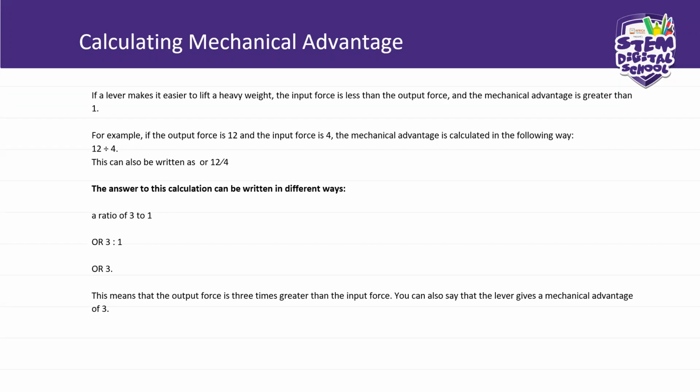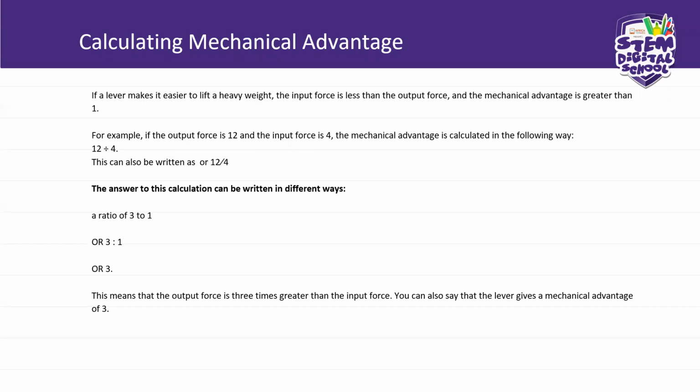So this is good. For 1 effort, you get 3 outputs. So this is mechanical advantage. This means that the output force is 3 times greater than the input force. You can also say that the lever gives a mechanical advantage of 3.